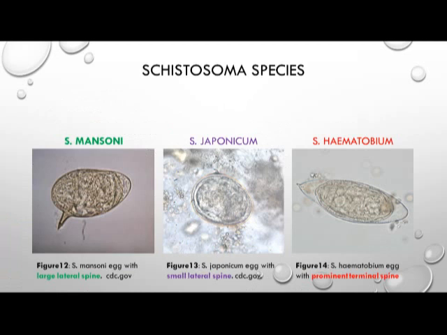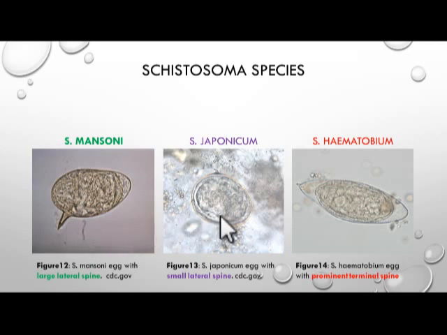To identify the three different Schistosoma species, we can look at the egg of these organisms and note some distinguishing features. First, we have the egg of Schistosoma mansoni, and we can see that this organism has a large lateral spine.